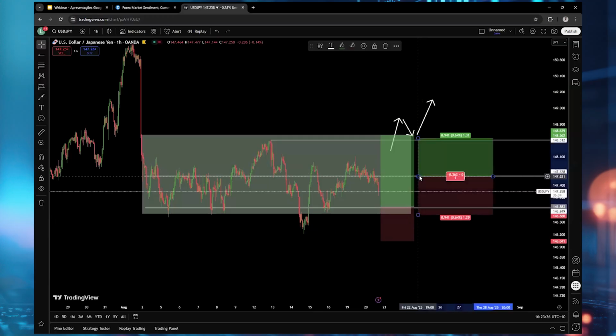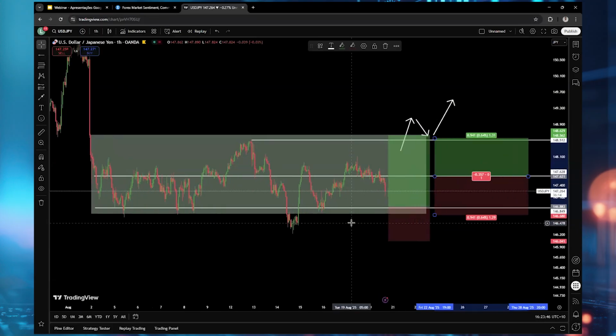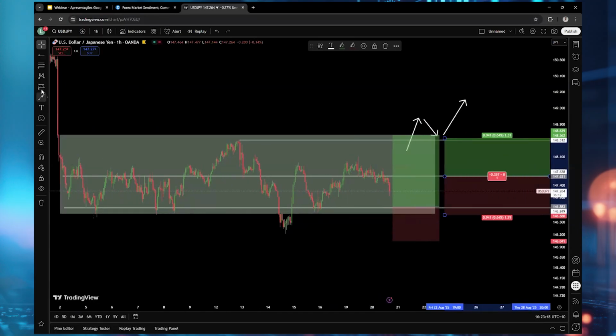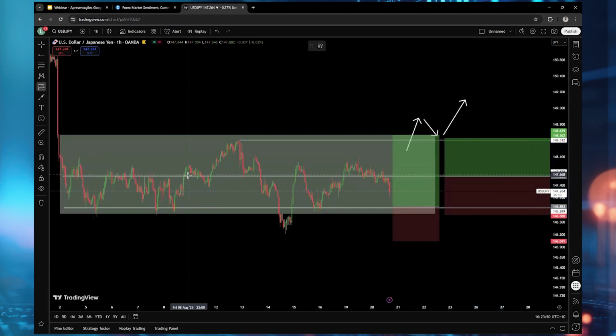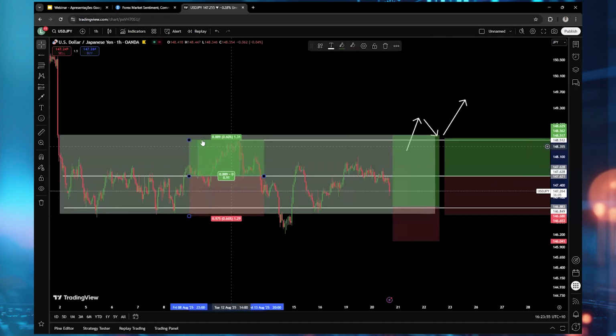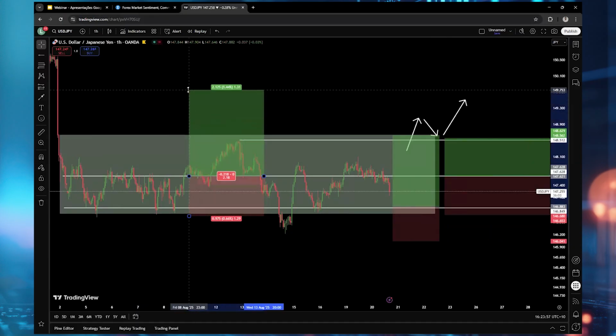So if you have a middle position like that, a half position like that, your stop losses would have to be below the consolidation level, not below the fake breakout. Let's say you want to enter it here, your stop losses would be below these lows, and your take profit would be somewhere up.